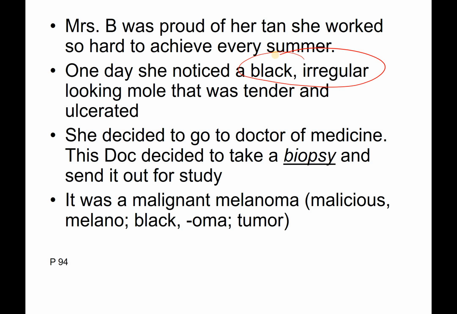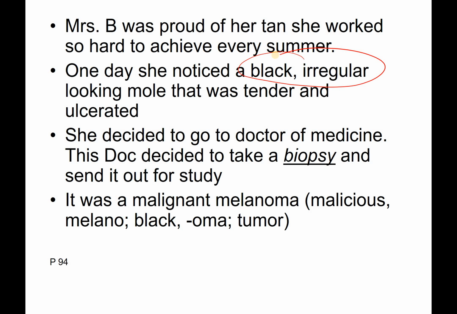It's also tender and it's ulcerating, which means it's oozing fluid. Okay, definitely not good. So she goes to a medical doc and they decide to do a biopsy. That is where you extract tissue for getting it analyzed.